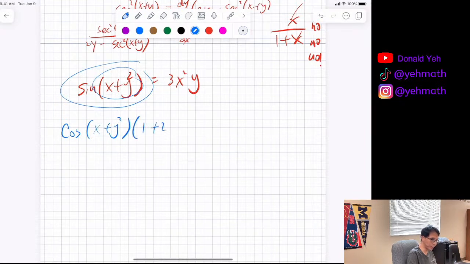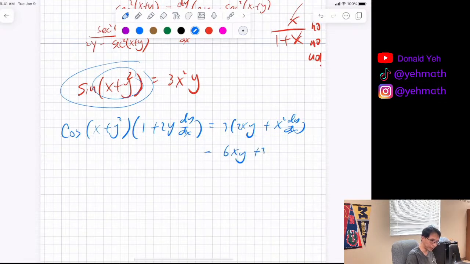That's going to be cosine of x plus y squared times 1 plus 2y dy/dx. Then the derivative of 3x squared y is 6xy plus 3x squared dy/dx.